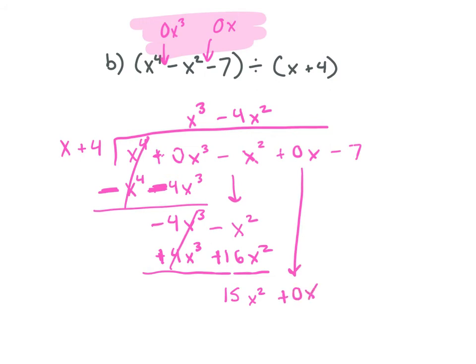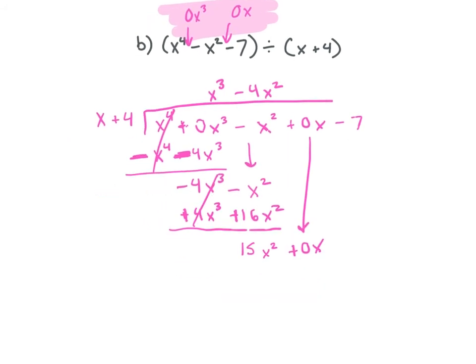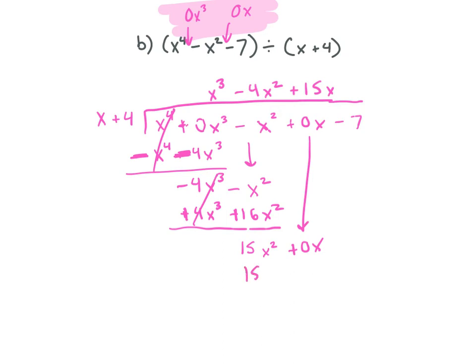What's next? Perfect. We can multiply 15x to x to give us 15x squared. And then 15x times 4? 60x. What's next? Change the signs. So cancel. 0x minus 60x is what?